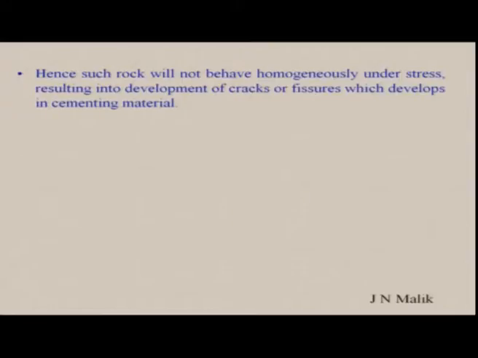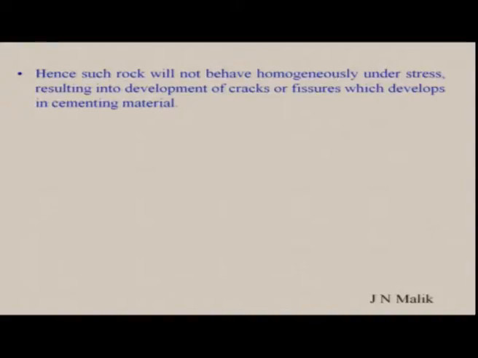So if you have softer material, which is either the rock clast, or fragments of minerals which are less hard, then it will break early as compared to the groundmass. Okay, so because the conglomerates will have heterogeneous material, the rock will not behave homogeneously under stress, resulting in the development of cracks or fissures in the cementing material.